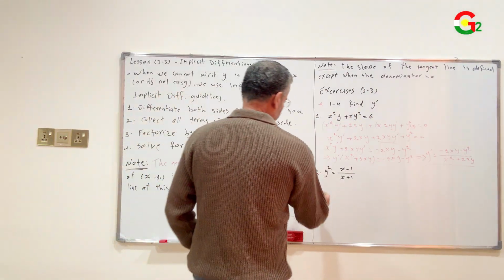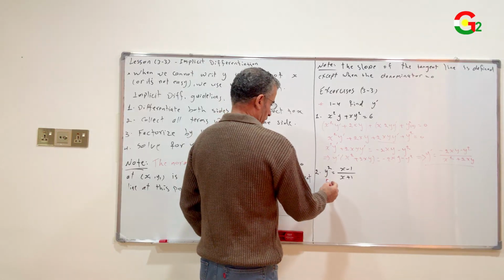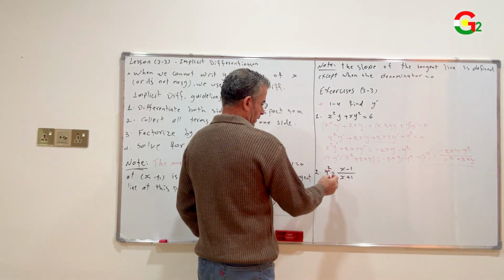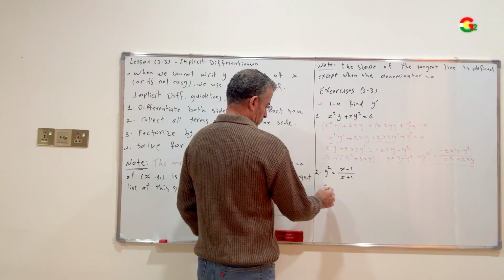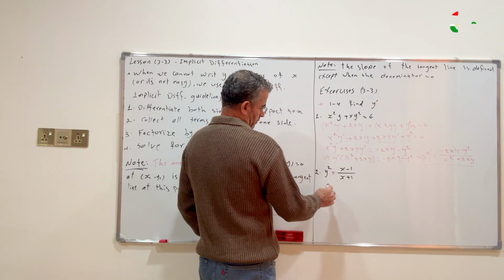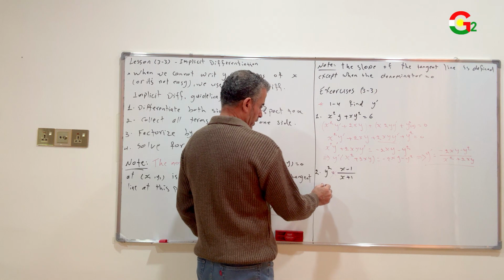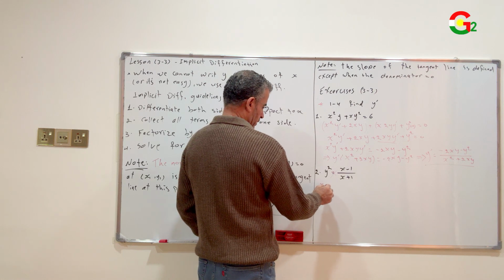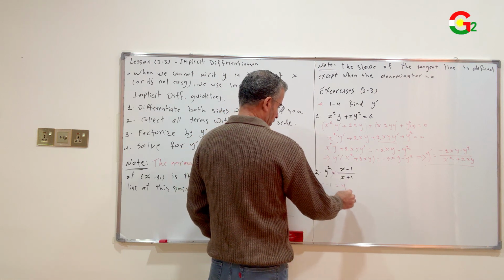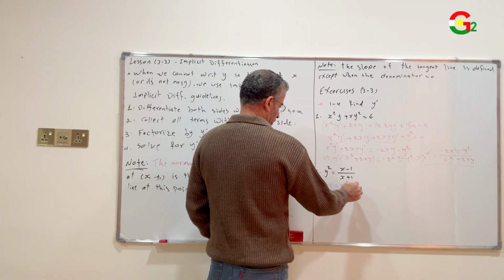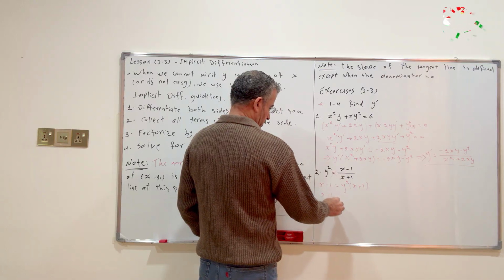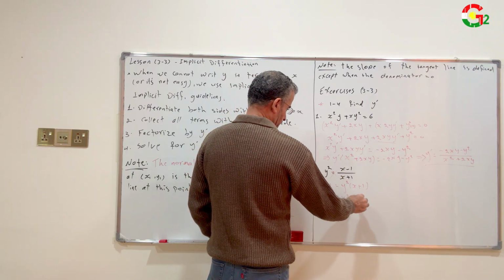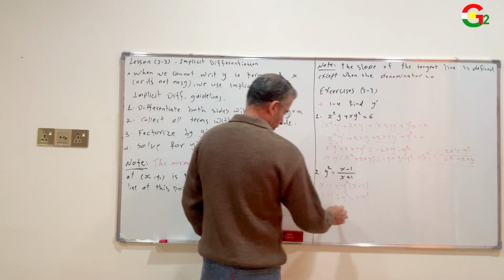Question number 2. Find also y prime. Set cross multiplication: x minus 1 equal to y squared times x plus 1. x minus 1 equal to y squared x plus y squared.